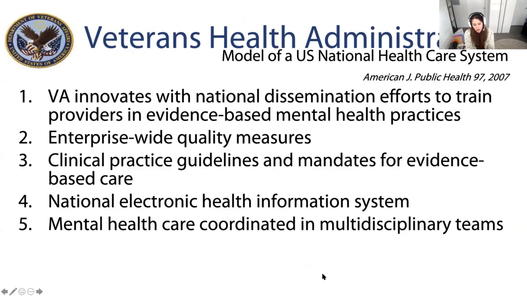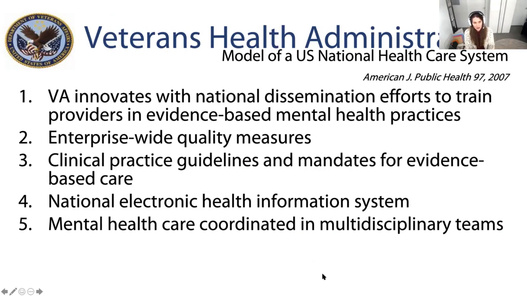To refine our working definition of our implementation problem, we had a context in the Veterans Health Administration where we were fully in the active implementation phase. We had all of this infrastructure to institutionalize the delivery of evidence-based practices.